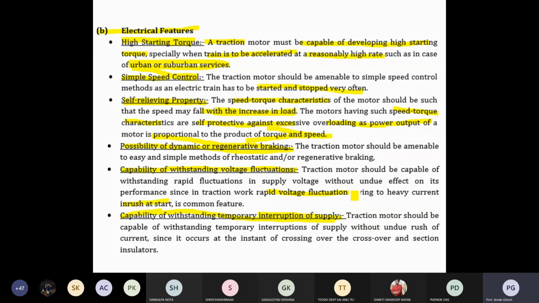Sometimes turbine protection is also there. In the case of turbine protection, you know about reverse power protection. Normally the turbine acts as the prime mover. The output of the turbine is mechanical energy; the input is the vapor, with kinetic energy coming from the vapor.